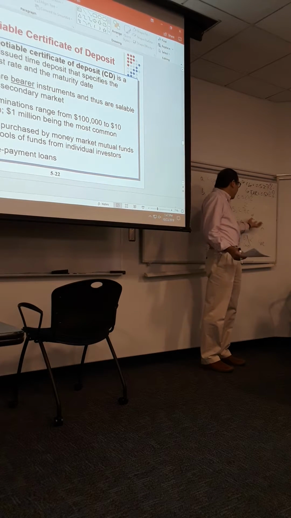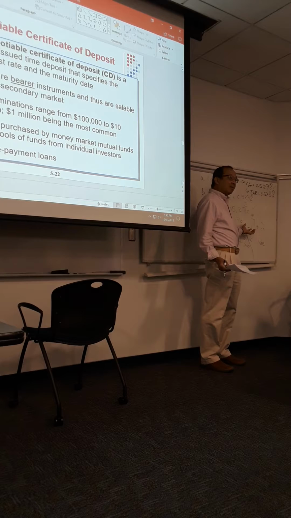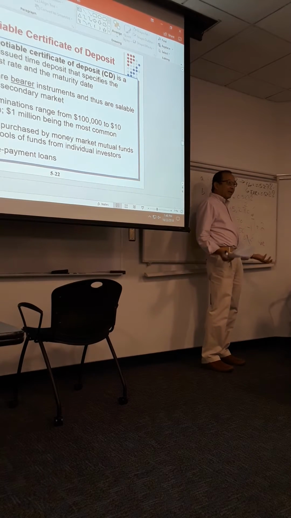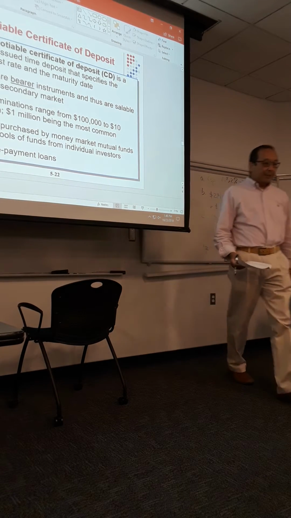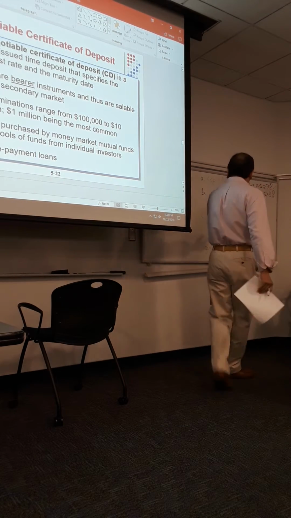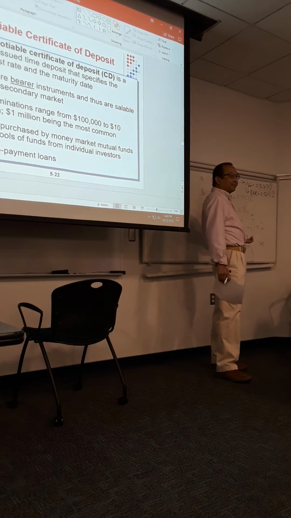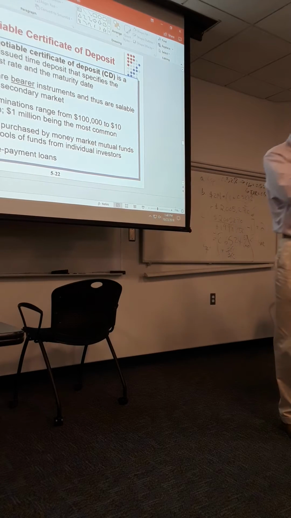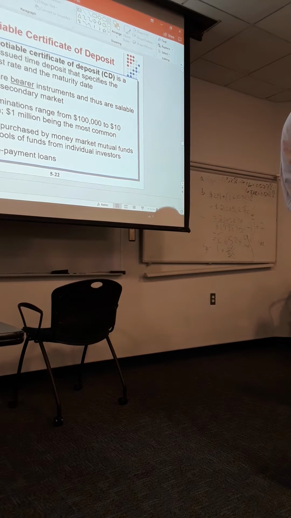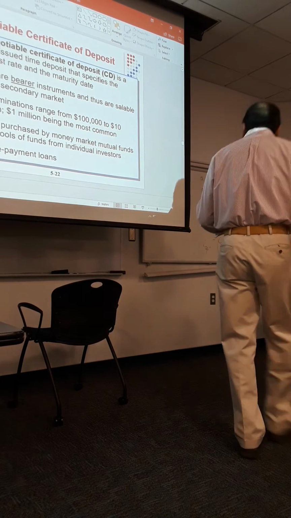But remember, this is only 6 months. The final answer needs to be on the annual basis. That's why we annualize it, multiply by 2. Or you can see it as future value divided by present value, if that makes better sense.